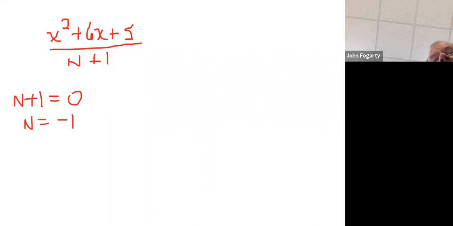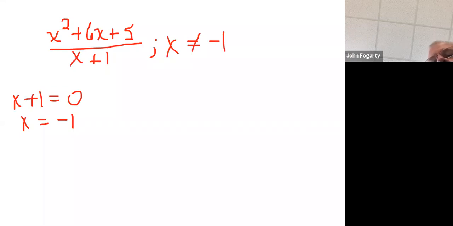When n is negative 1, our denominator will be 0. Can't have that. So my domain is all the real numbers except, meant to say x, by the way. So x, not n, x cannot be negative 1. It can be any other number, but it can't be that.